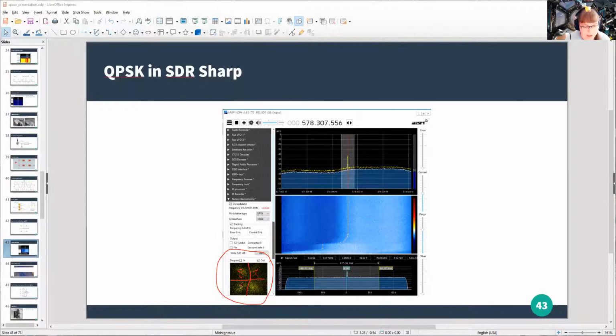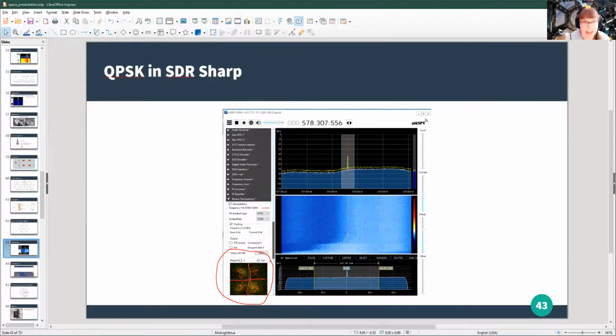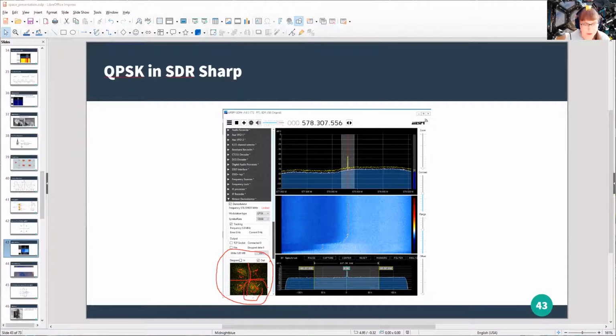Most of the signals are in the center here, and you can clearly tell where everything's supposed to be. So if there's a dot down in the lower right quadrant, all those correspond to 1, 0 in binary. So it just gets those dots over and over again, and then demodulates the signal back into binary.